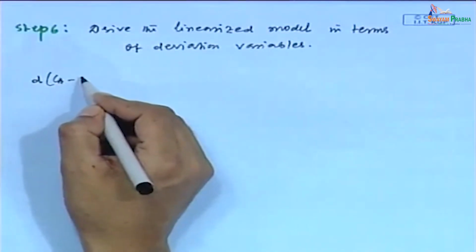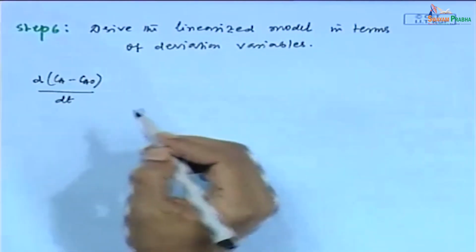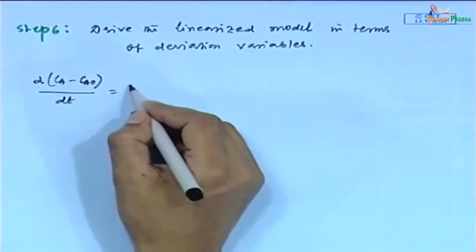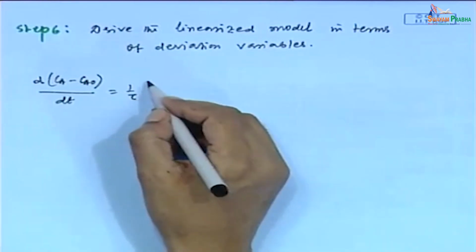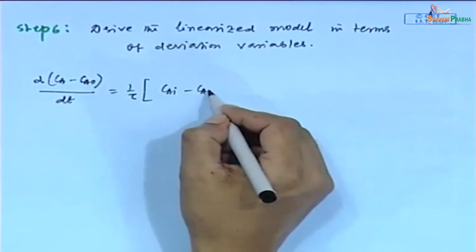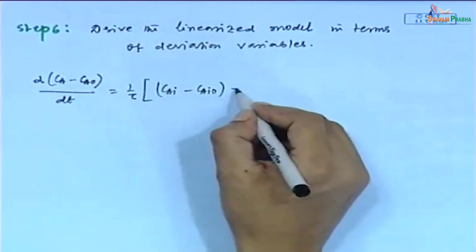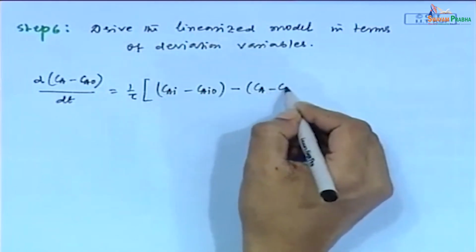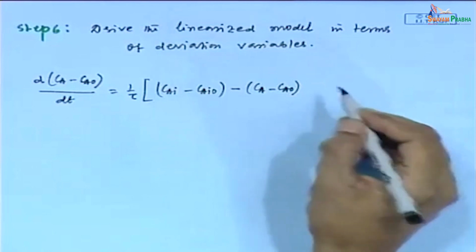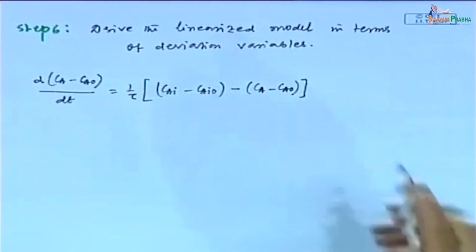I am writing those two equations. So, one is d(C_A minus C_A naught)/dt equal to 1 by tau (C_Ai minus C_Ai naught) minus (C_A minus C_A naught). Fine.